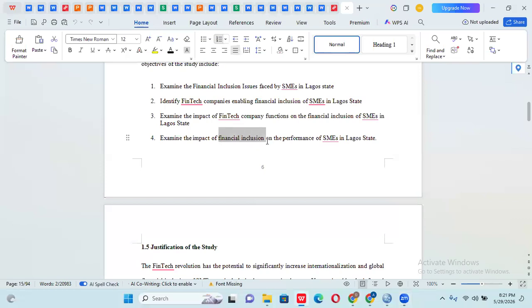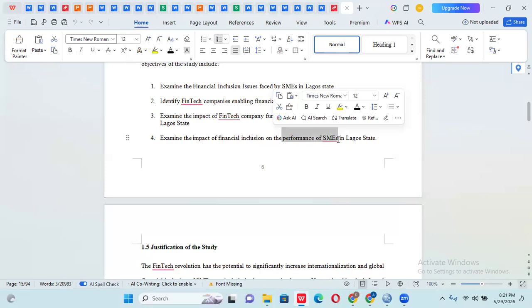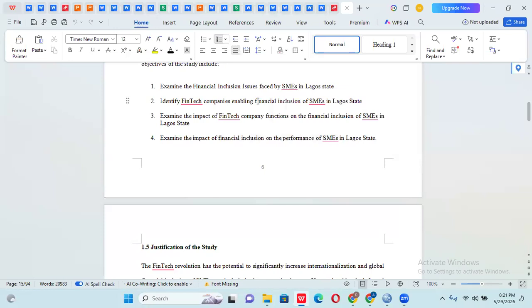We have financial inclusion as a variable and performance of SMEs as another variable. So objectives 1 and 2 are descriptive. Objectives 3 and 4 are inferential statistics. Am I making sense? Good. All right, we've done that already.